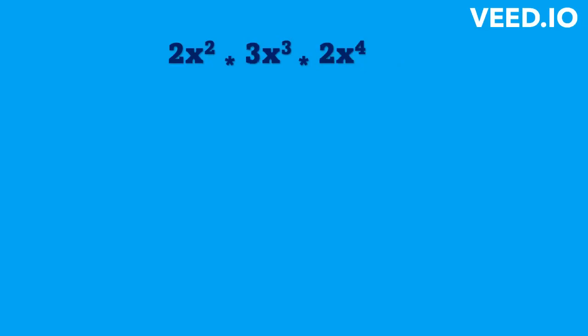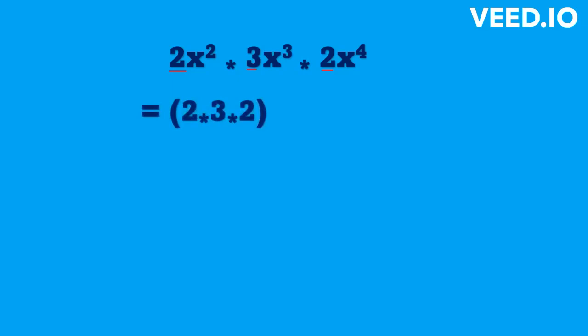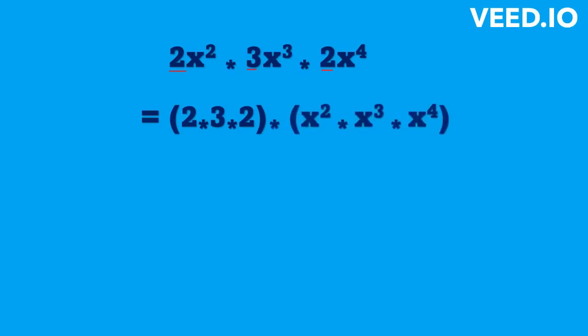We have an expression here, 2x squared times 3x cubed times 2x power 4. Now, what do we need to do? We need to separate out the constants. We need to group the constants together. So 2, 3 and 2, we are grouping them together and multiplying them. We are grouping the variables separately.